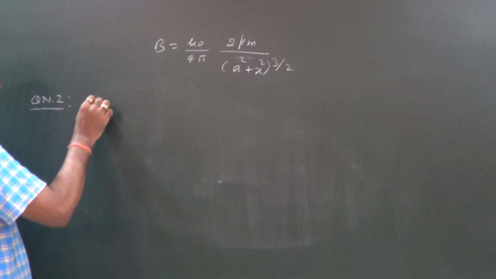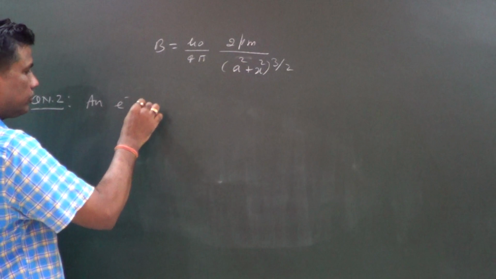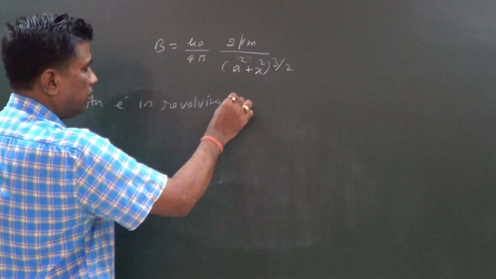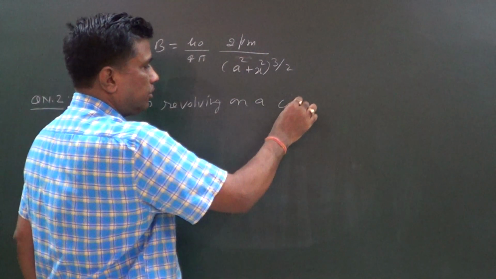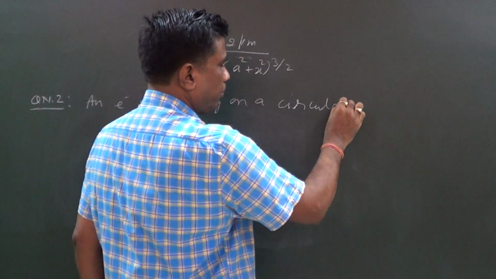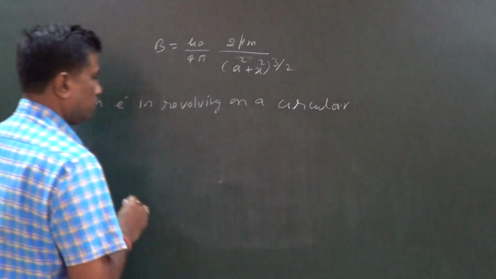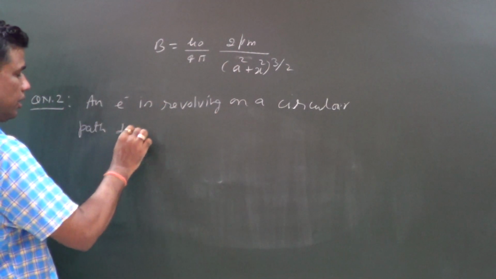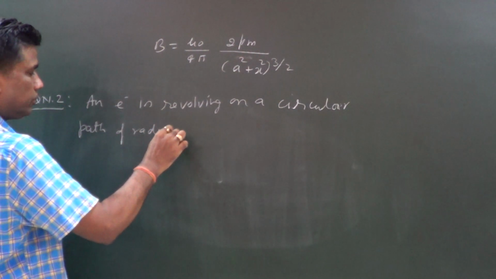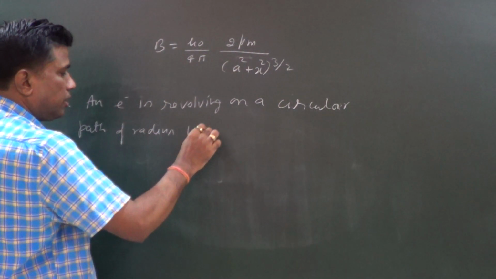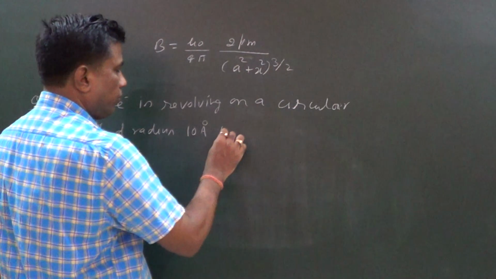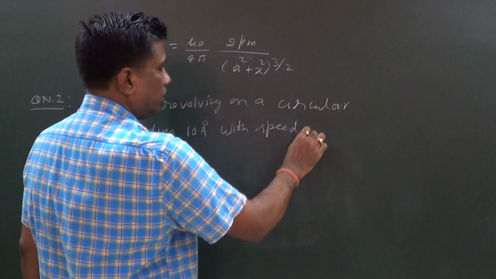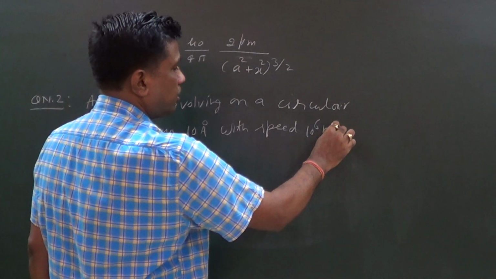An electron is revolving on a circular path of radius 10 angstrom with speed 10 to the power 6 meter per second.